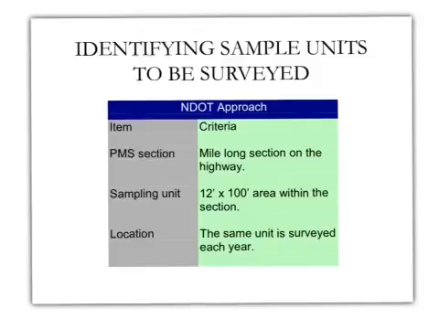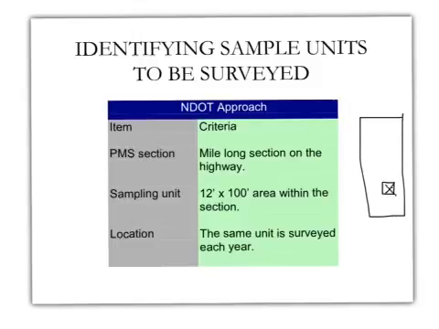So if we try now to draw a mile section, let's say this is 1 mile long, and now what we do is we would come back and say, you know what, I'm going to take a small section which is 10 by 100, and I'm going to keep measuring the pavement performance over the years at the same exact section.